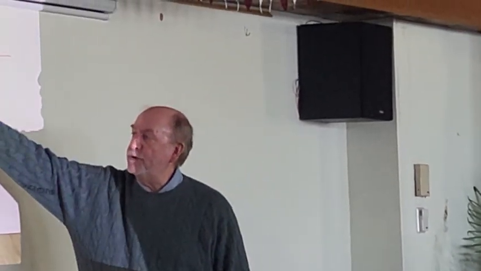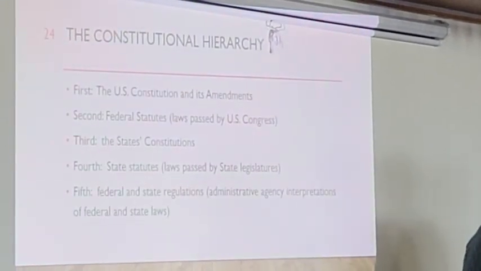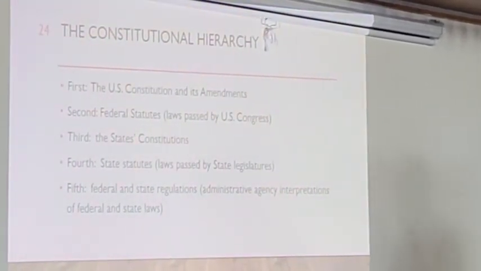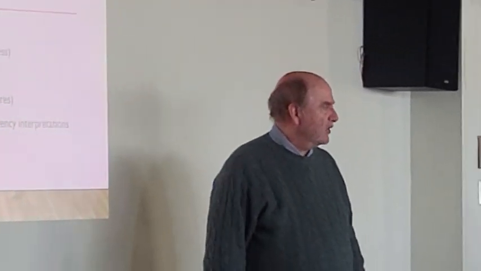It's the Constitution that wins, and the state law is declared unconstitutional and can't be enforced. So when you hear about some law or some municipal ordinance or a regulation being declared unconstitutional, just keep in mind that happened because there was something higher up on the hierarchy that trumped it.